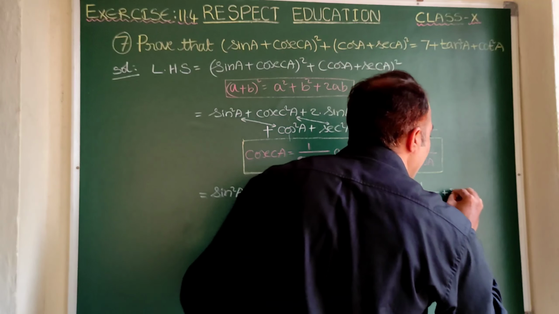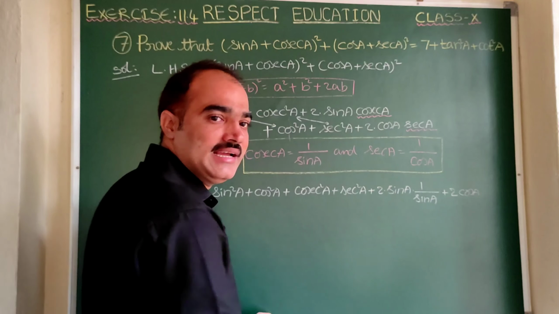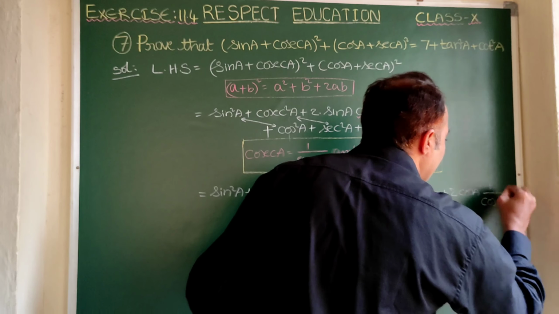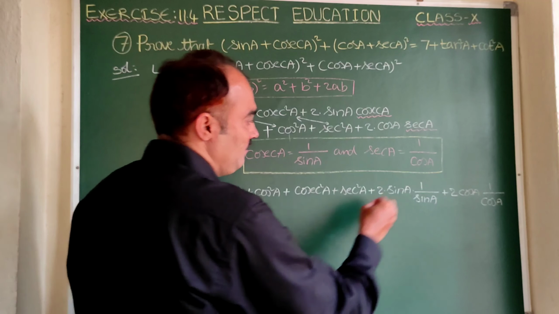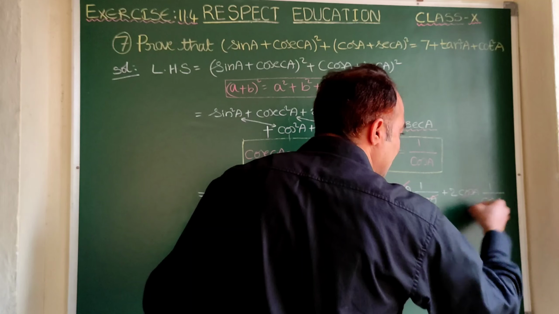So let us write 2 as it is into cos A as it is into, in place of secant A, 1 by cos A. Is there any cancellation? Yes, sir. Which one? Sin A and sin A. Cos A and cos A.